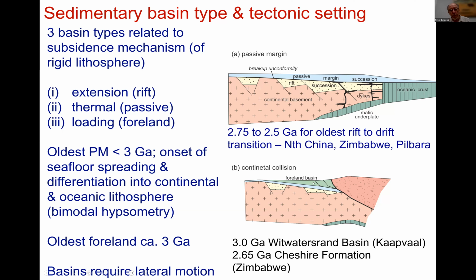But taking other people's suggestions, the oldest passive margin type successions, in other words, the oldest rift to drift transitions, are present in these cratons and probably start around 2.7 type age, and certainly by 2.5 they become more widespread and present on lots of cratons. Foreland basin sequences, a bit more disputed. The oldest seem to be in the Neo to Mesoarchean type time frame. But the important point is such basins require lateral motion of continental blocks.